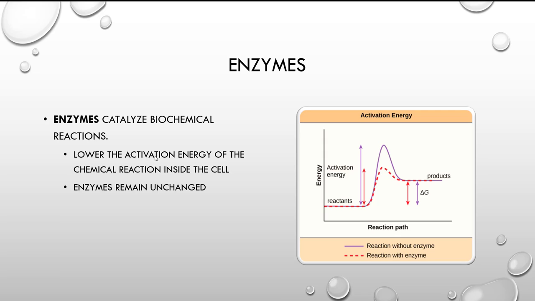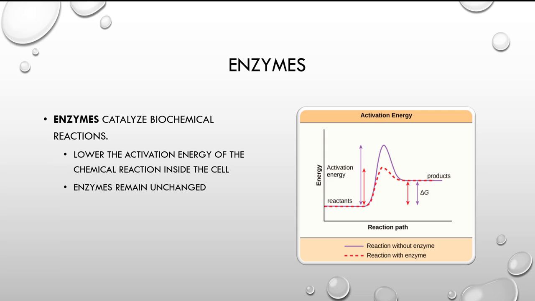Activation energy is that little amount of energy that is needed for the reaction to take place, and enzymes can lower that. You can see here without the enzyme, the activation energy is greater than if an enzyme is present. So the enzyme actually lowers the amount.